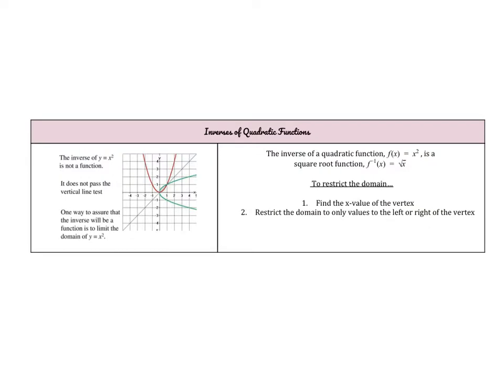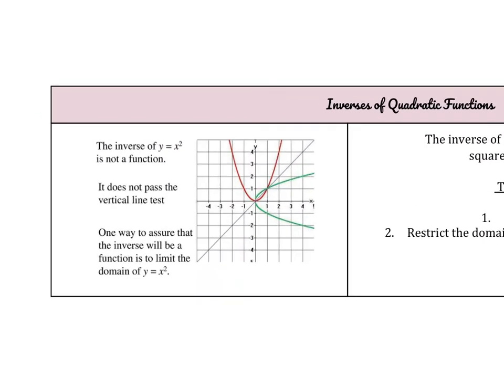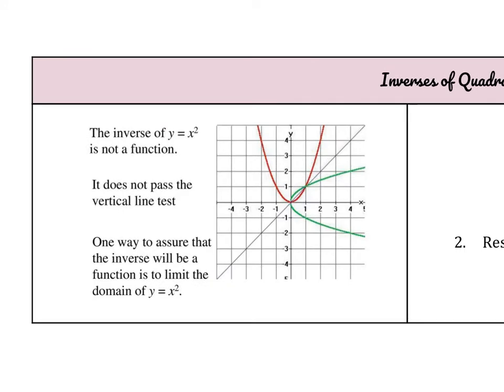Let's start by looking at the inverses of quadratic functions. Here in red we have a graph of y equals x squared, our parent function for quadratics. If we swap all of the x and y values, which is what we're doing with an inverse, we get this graph in green.